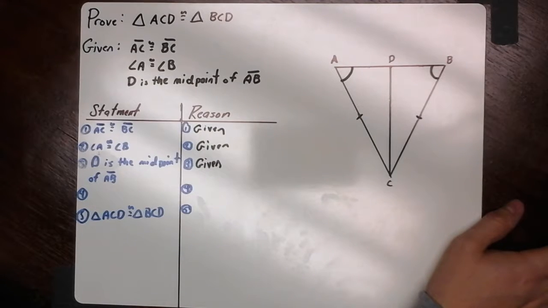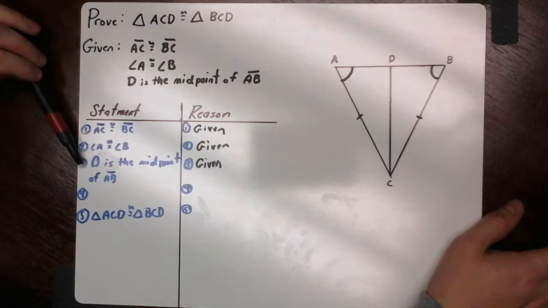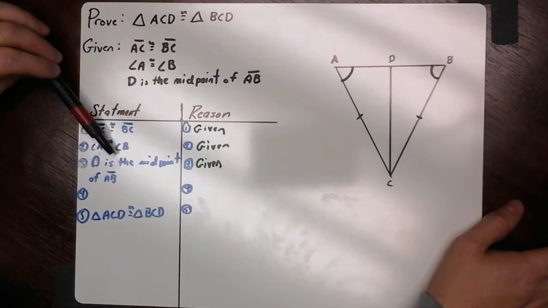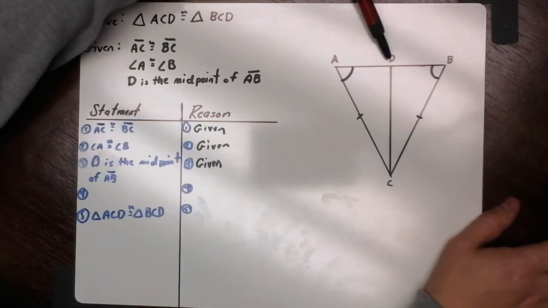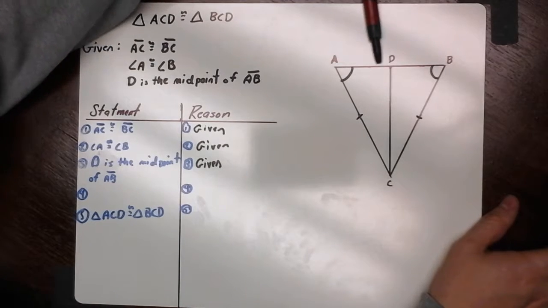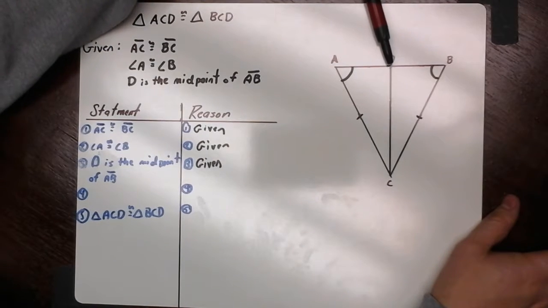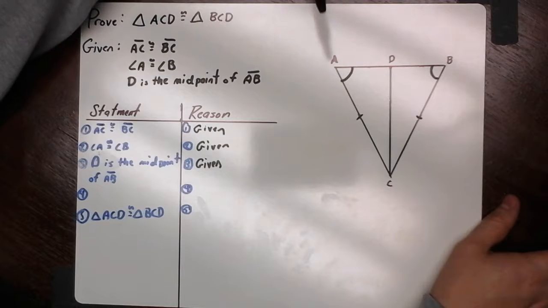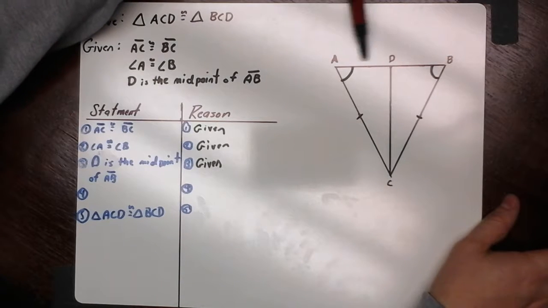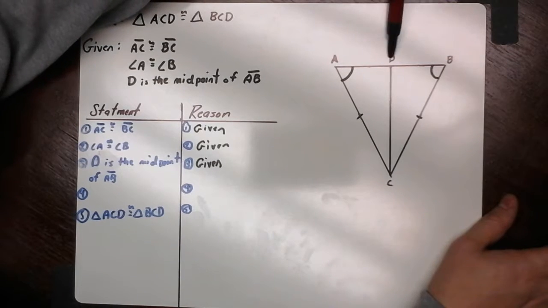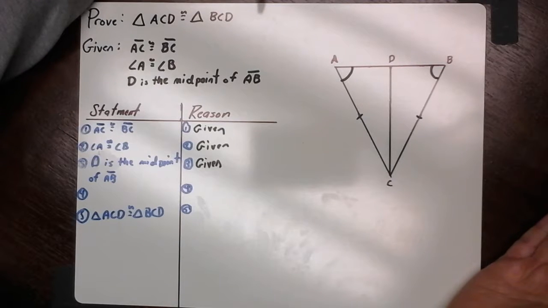Okay, now let's look at what that's telling us. If D is the midpoint of AB, so D is the middle of this line here, that means that this part and this part are congruent.